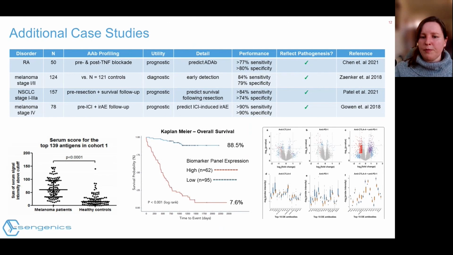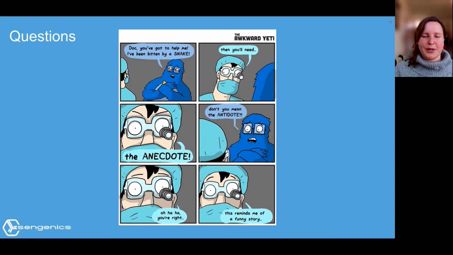Here is an image from that publication where you can clearly see that certain autoantibodies really do discriminate between classes, and at the lower set of images, the orange is the cases and the blue is the controls who didn't develop immune-related adverse events, and so you can basically see the pattern for every single one of the antigenic targets.